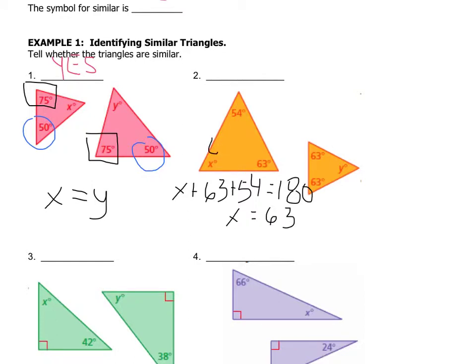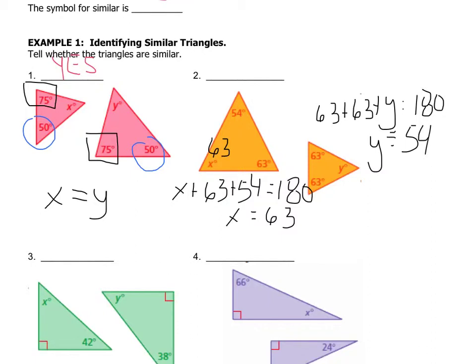So that means this is now 63. If I come over to my little triangle, I have 63 plus 63 plus y equals 180, which makes y equal 54 degrees. So that means here is 54.